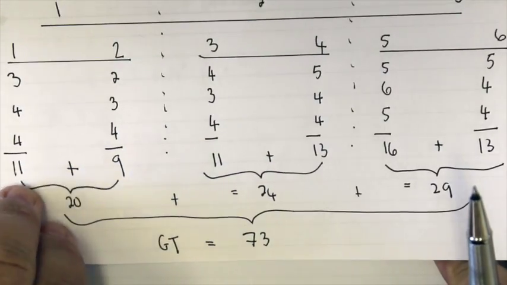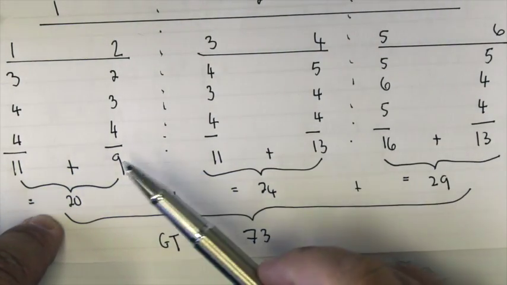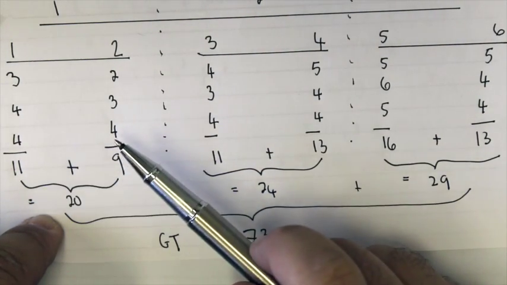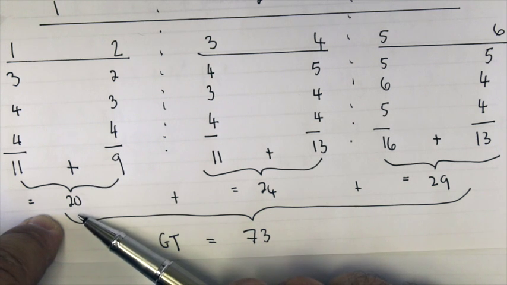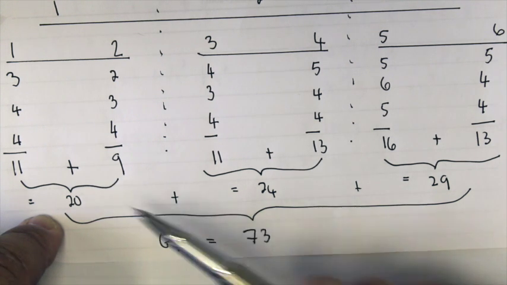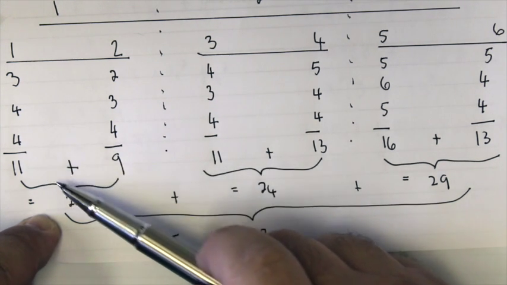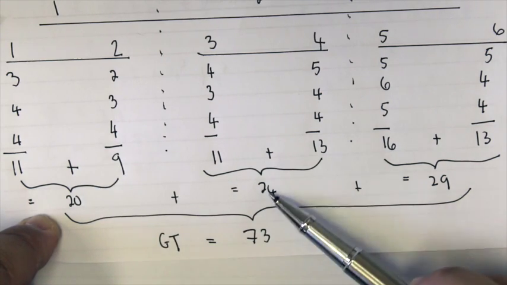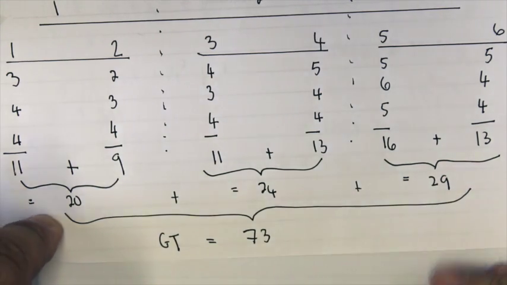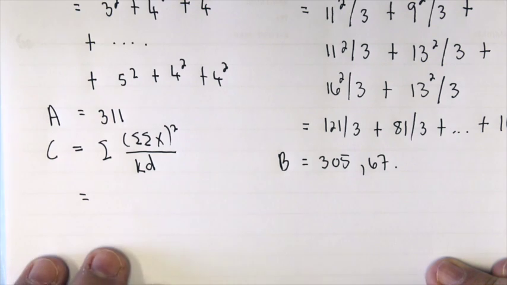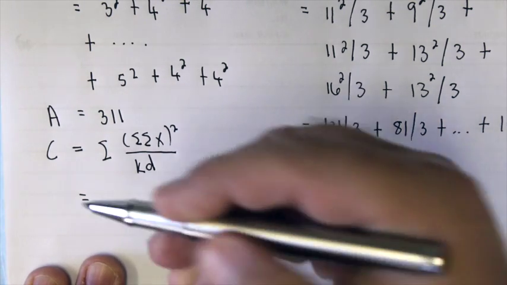Just to remind you, we've worked with the 11 and the 9 previously, now it's the 20. That's the sum of the sum, 24, 29, and we divide each of those by 6.